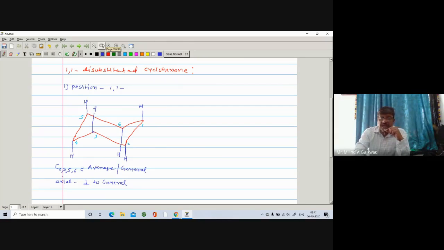Equatorial bonds are those bonds which look like they are coming out from the general plane, or the average plane. Here is the general plane. Okay.